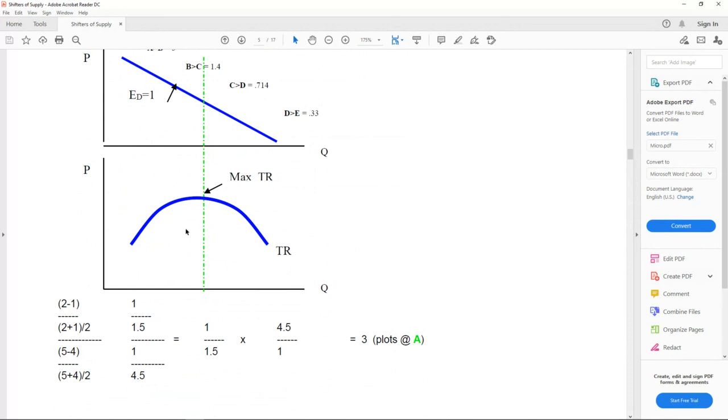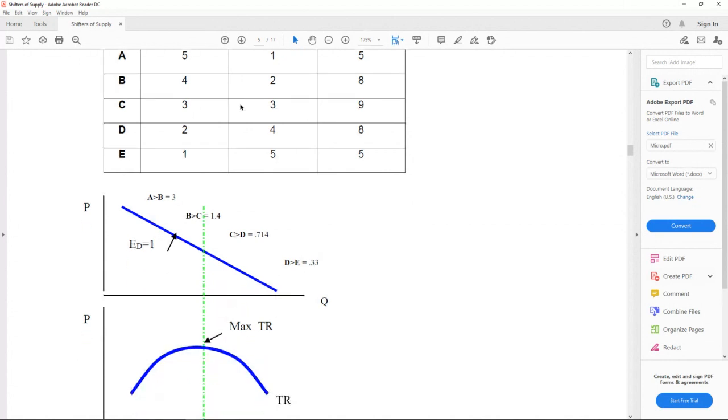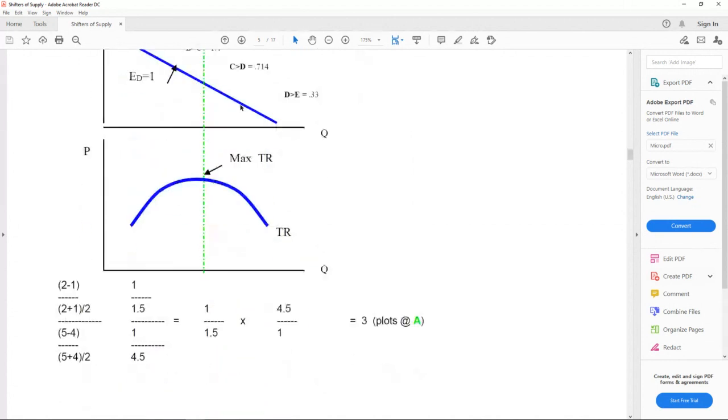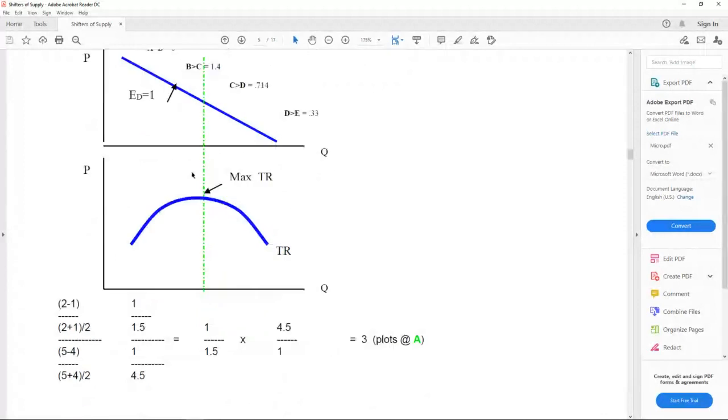If we're moving from left to right and we look at the data up here, our quantity is increasing. So what we're going to do when we do the calculation for this problem, we're going to go 2 minus 1. That's going to give us the distance between these 2 intervals. 2 minus 1 is equal to 1. We bring that right over here.